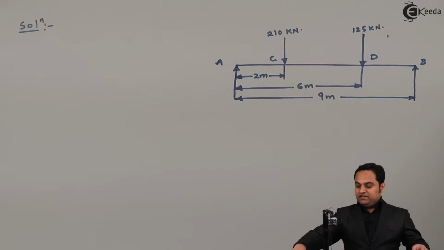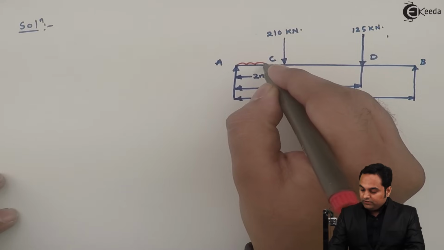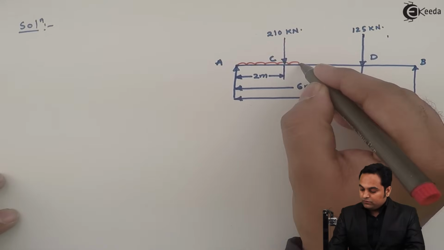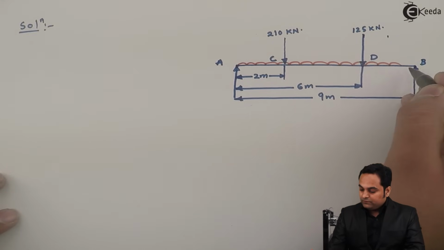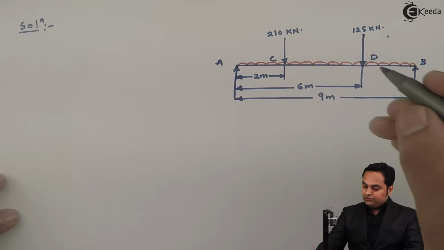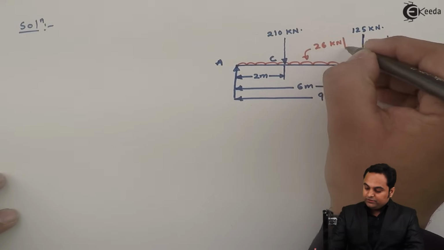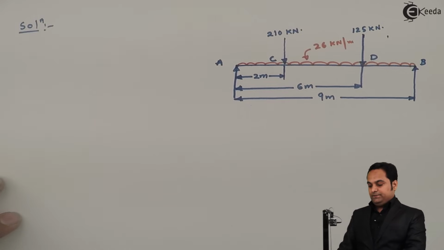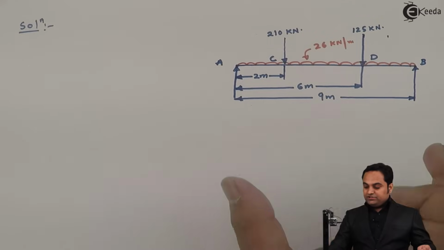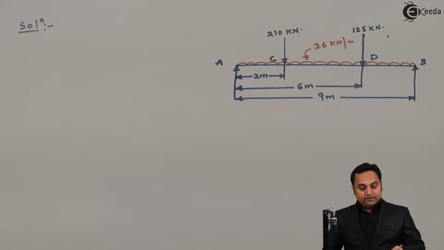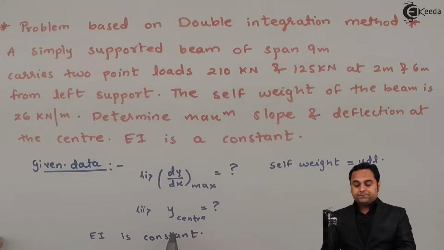So the self weight of the beam is shown in the form of uniformly distributed load, and that uniformly distributed load has a value of 26 kilonewton per meter as the intensity. So now this is the diagram of the beam, and for such a beam we have to find out the maximum slope and deflection at the center.